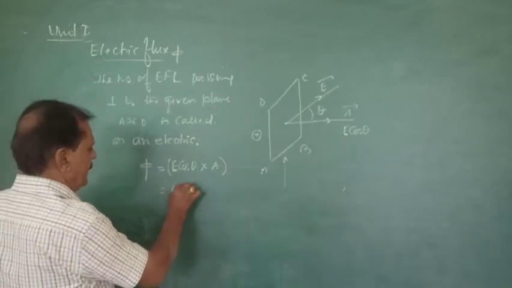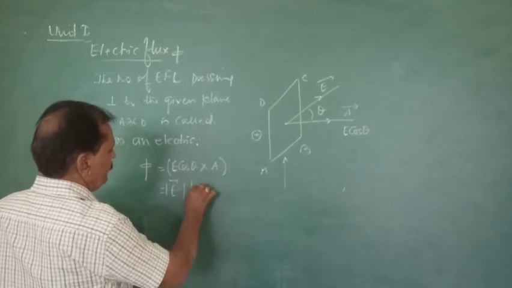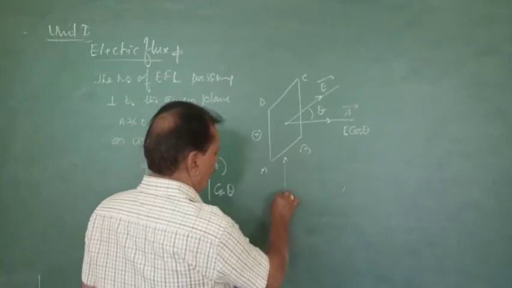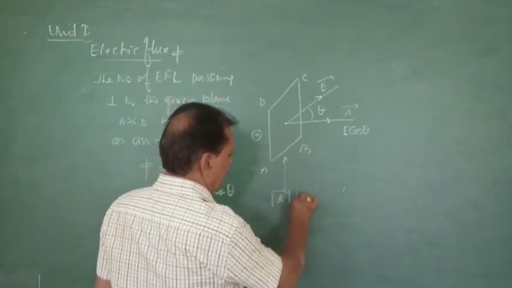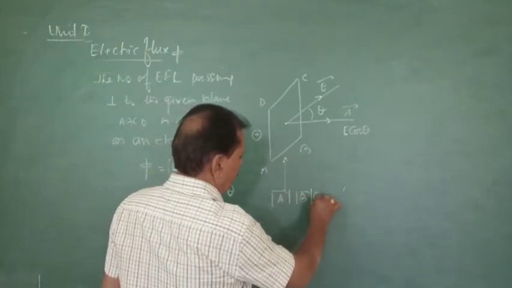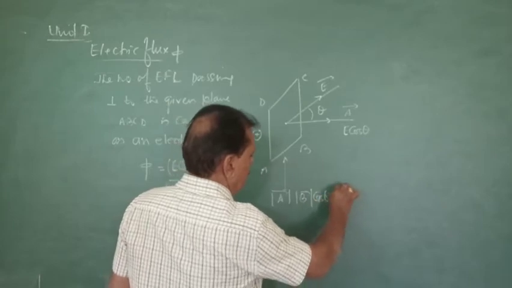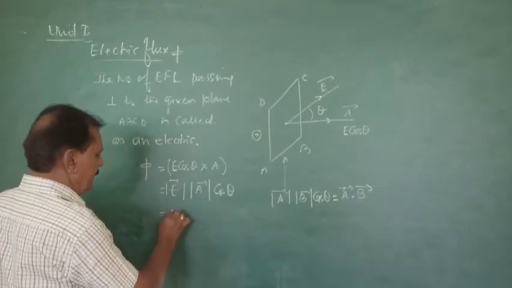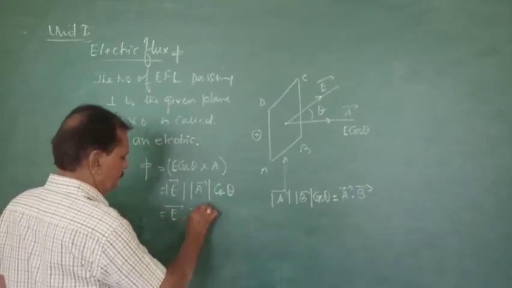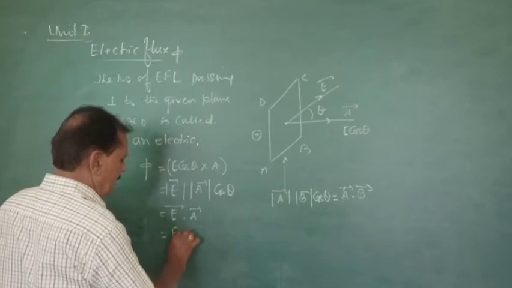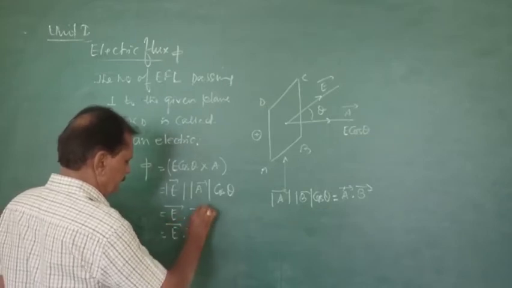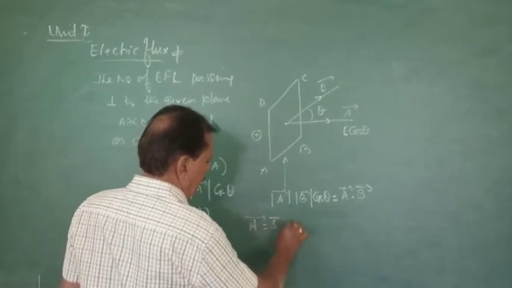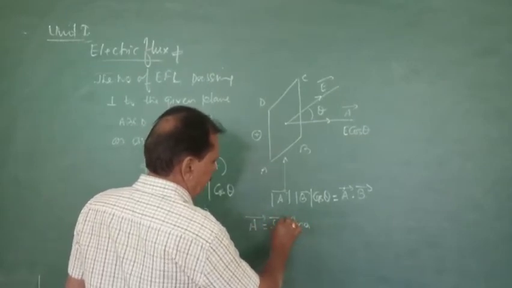Now, it can be rearranged like that. And we know that the magnitude of vector A multiplied with the magnitude of vector B multiplied by cosine of theta will be A dot B. Therefore, we can write it as E dot A or E dot S, where both are called the area vector.